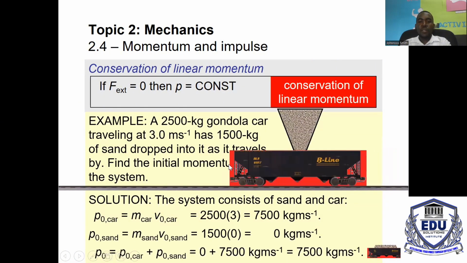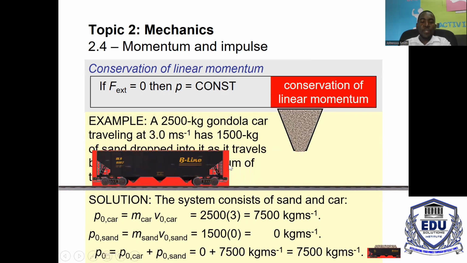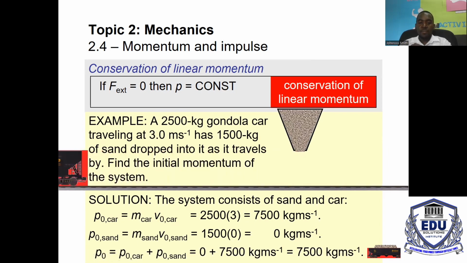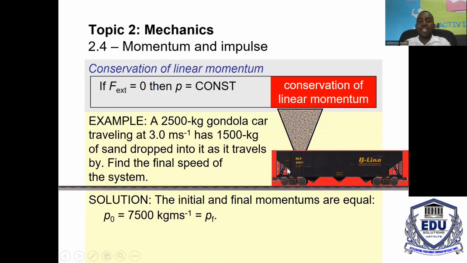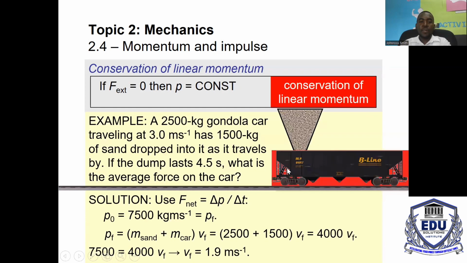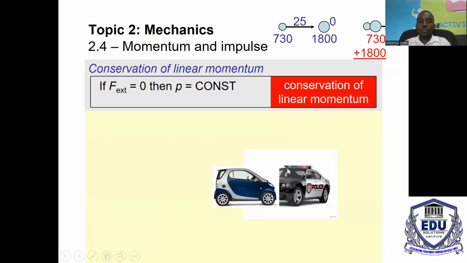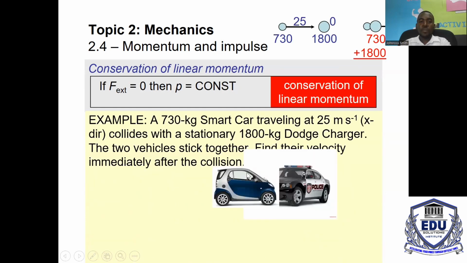We have a collision where the two objects hit and then separate, which we call an elastic collision, or when they hit and they actually move off together, which we call an inelastic collision, right?